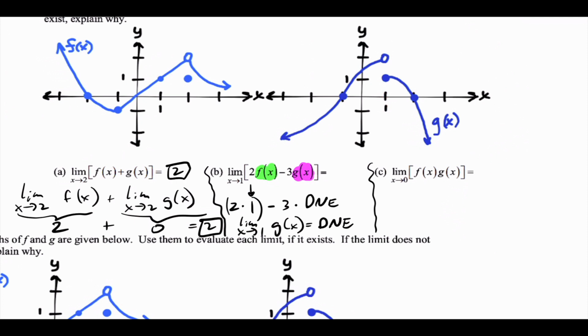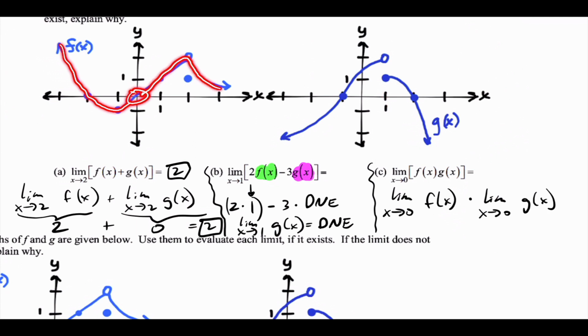Okay. Last one, multiplication, as x approaches 0. So the limit as x approaches 0 for f times the limit as x approaches 0 for g. So let's see. The limit as x approaches 0 for f looks like it's 0.